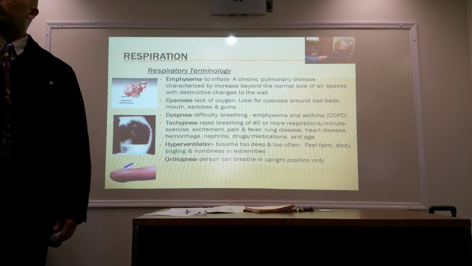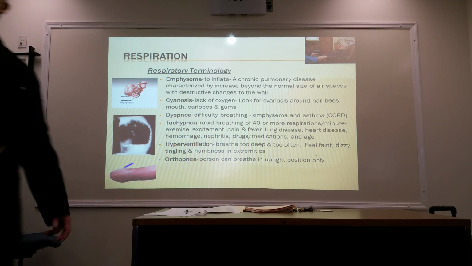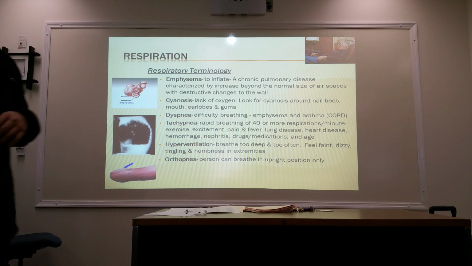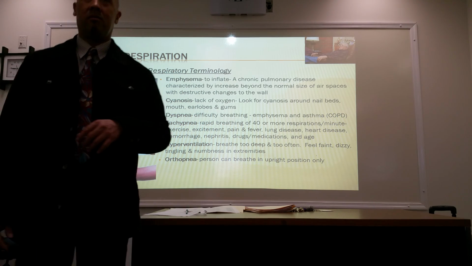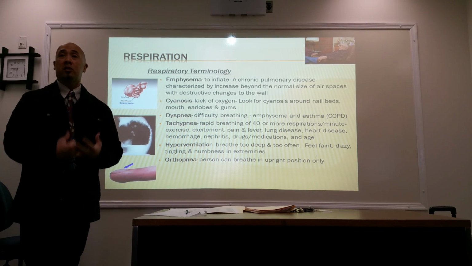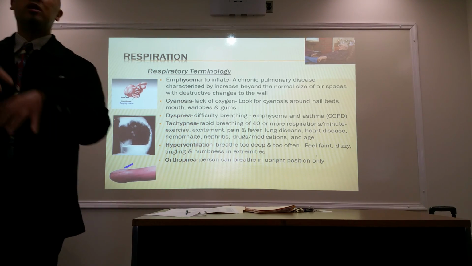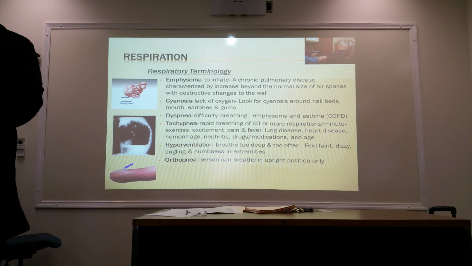Okay? It's a chronic disease. Who are known for having emphysema? Smokers. Air gets trapped in. It cannot go out. And then the opposite is asthma. You have bronchial spasm. Your windpipe is constricted. Your lungs are constricted.